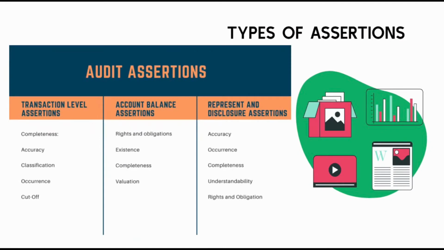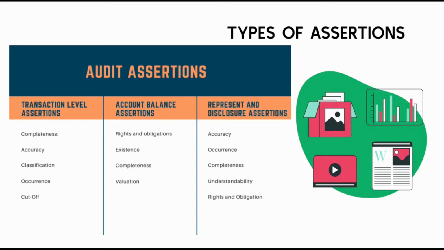There are several types of assertions, but in audit there are three types of audit assertion, which are transaction level assertions, account balance assertions, and presentation and disclosure assertions. In transaction level assertions there are completeness, accuracy, classification, occurrence, and cut-off.